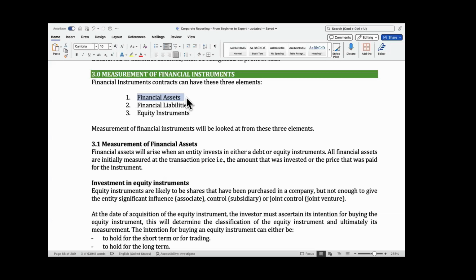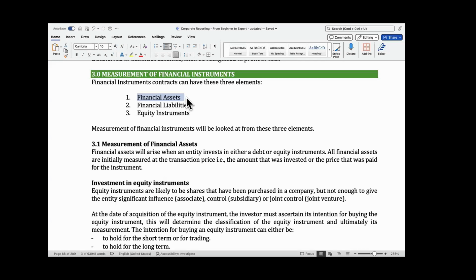If you're holding them for the short term, you classify them at fair value through P or L. If you're holding them for the long term, you classify them at fair value through OCI. I mentioned emphatically that this classification is done at the date of acquisition of the asset.